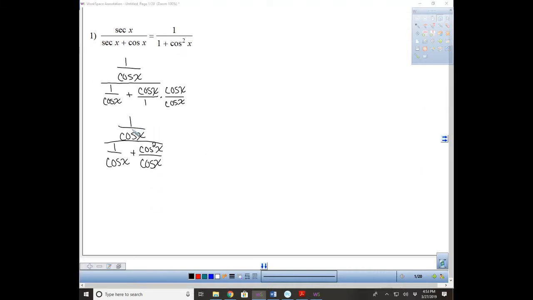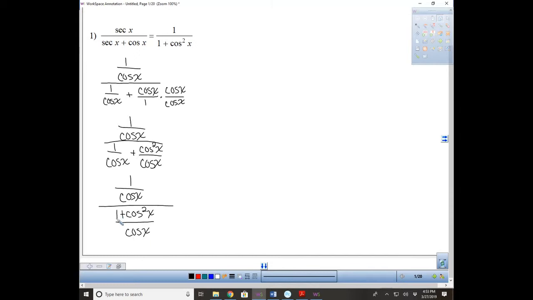All right, so now I can put these two fractions in the denominator together. Again, keeping the top, I've got 1 plus cosine squared x over cosine x.